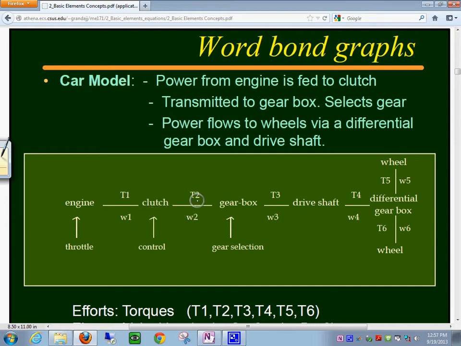Then from the clutch you have the angular velocity and the torque, and then the gearbox, which is also a control component. Okay.